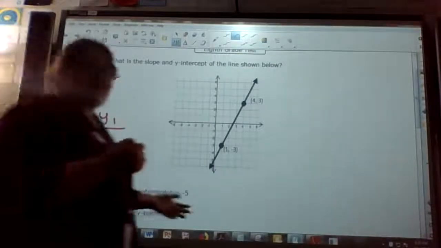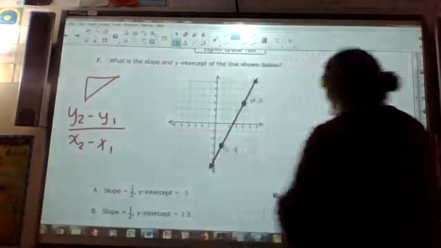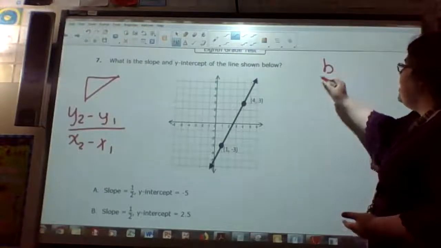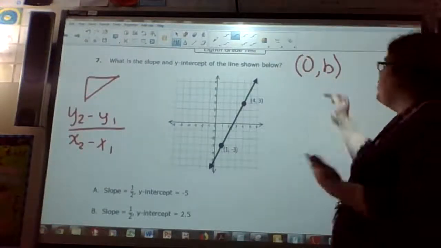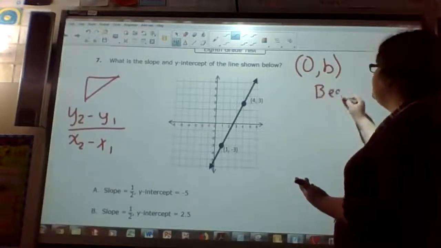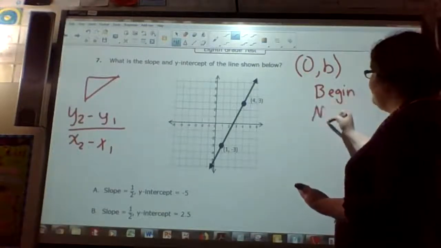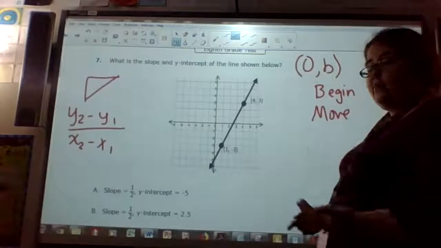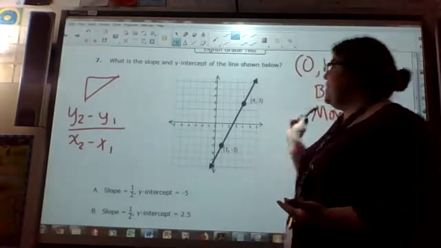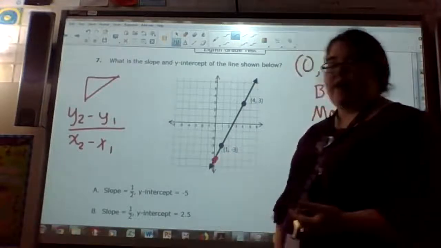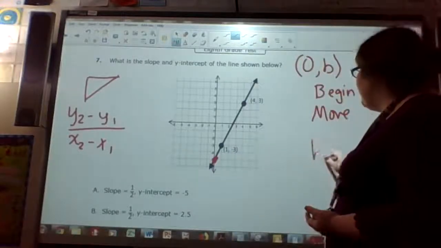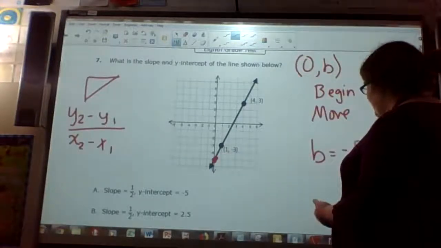Your y-intercept is when x is 0. So we like to use the begin and move to help us. Where do I begin on this graph? Well, it touches the y-axis at -5. So that means my b is -5.